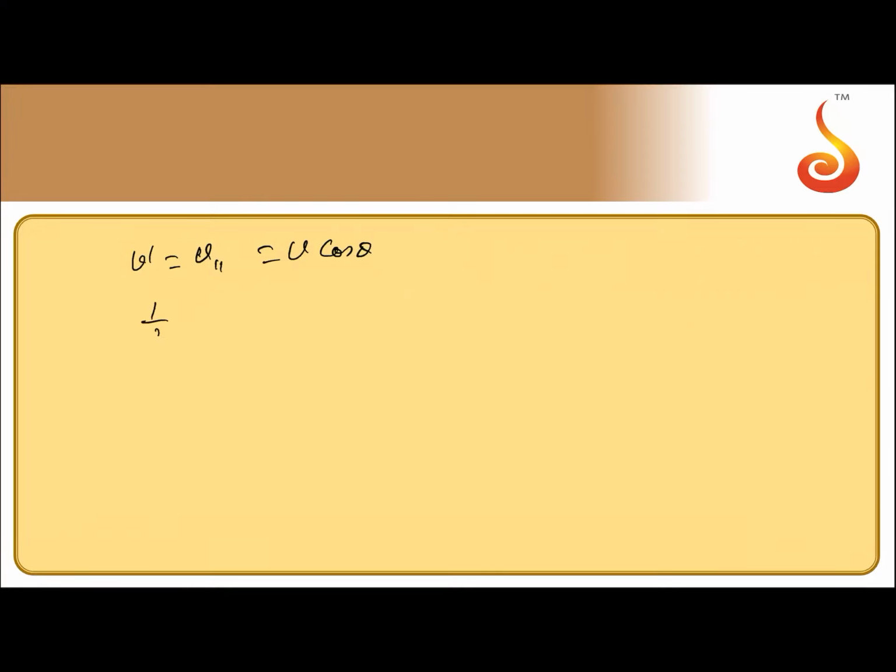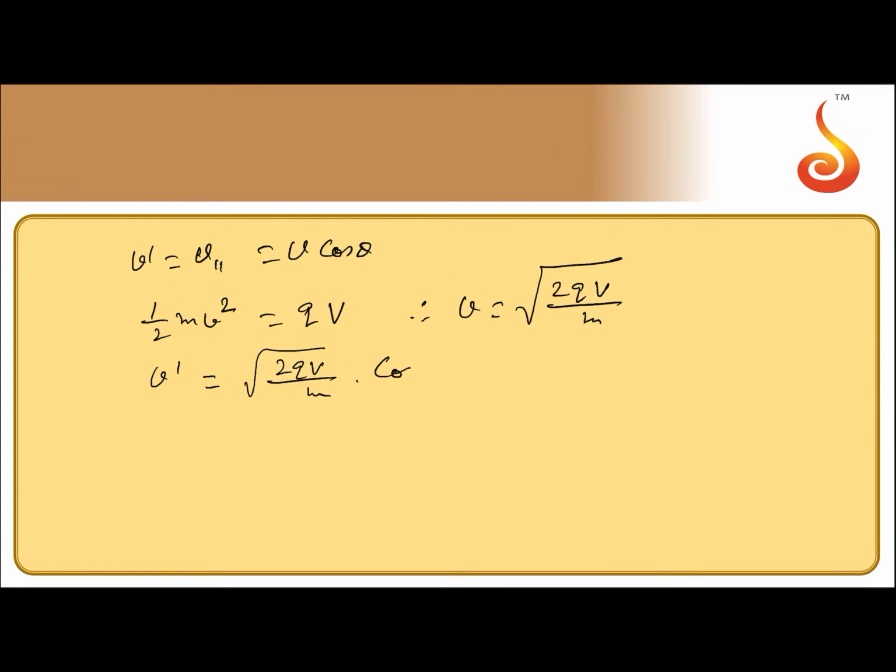But half mv square is qV, so V is equal to under root 2qV by m. So V dash is equal to under root 2qV by m into cos theta. So this is option B.